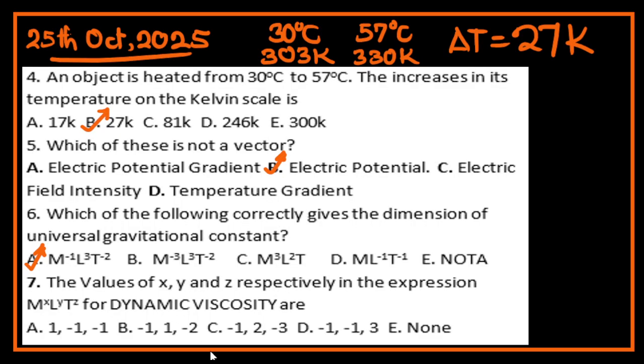If we go back to the question, if you are used to dynamic viscosity, you can easily tell what the answer is. Can somebody just tell what the answer is from here? Anybody? What do you think the answer is? No one. Okay. So if you are used to dynamic viscosity, you would know that the answer is A.